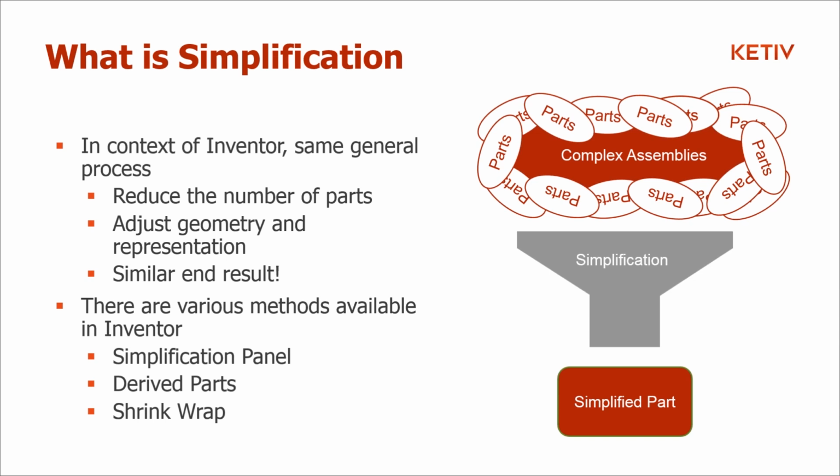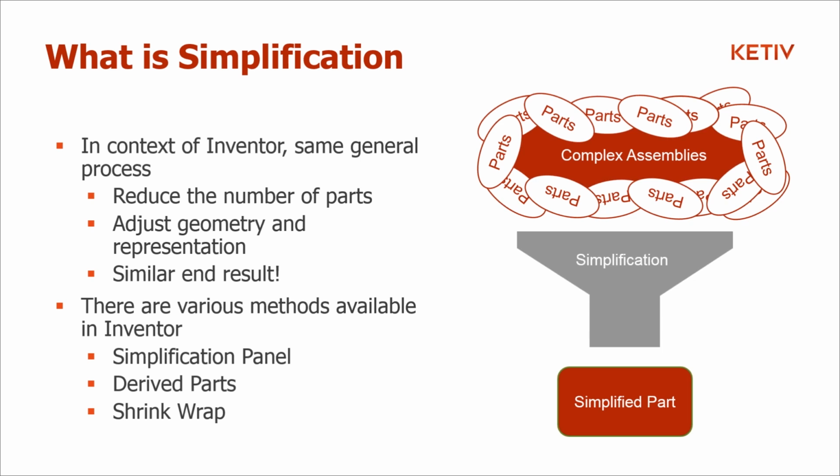When we say simplification, Autodesk is referring to a collection of methods available in Inventor for reducing that kind of complexity: one, reducing the number of parts, or two, reducing and simplifying the geometry. I had this nice little graphic over on the right-hand side of the screen. Again, complex assemblies are an amalgamation of a bunch of different parts and their relationships.